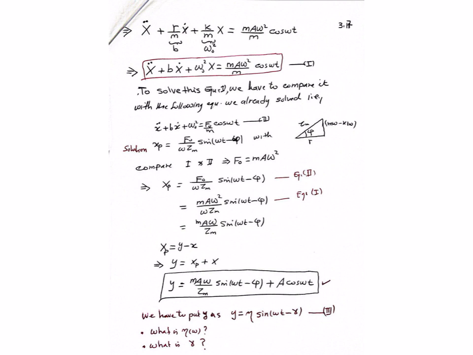Now if we compare equation 1 with 2, we can get the solution of equation 1. So the solution is m a omega squared over omega Z m sine omega t minus phi, or m a omega, canceling one of the omegas in numerator and denominator, over Z m sine omega t minus phi.